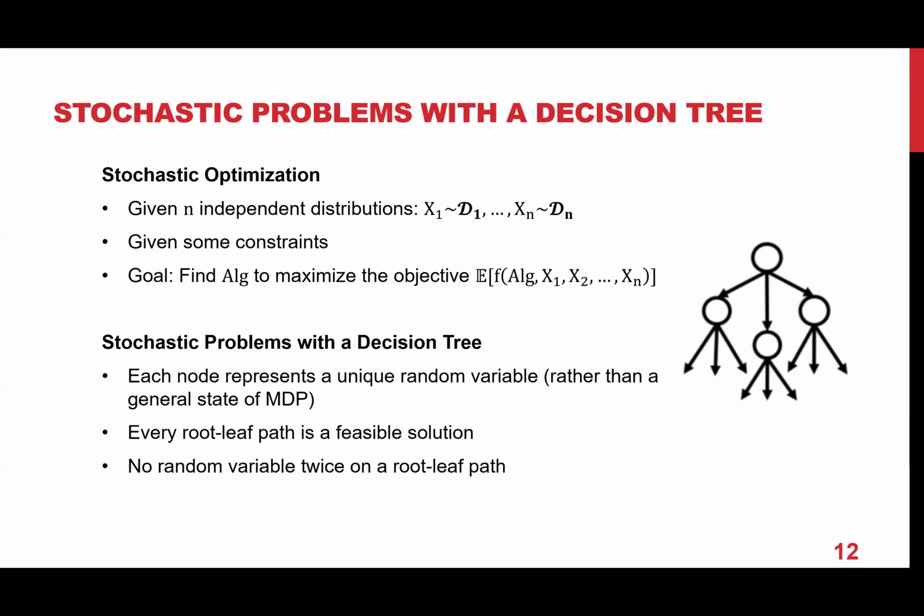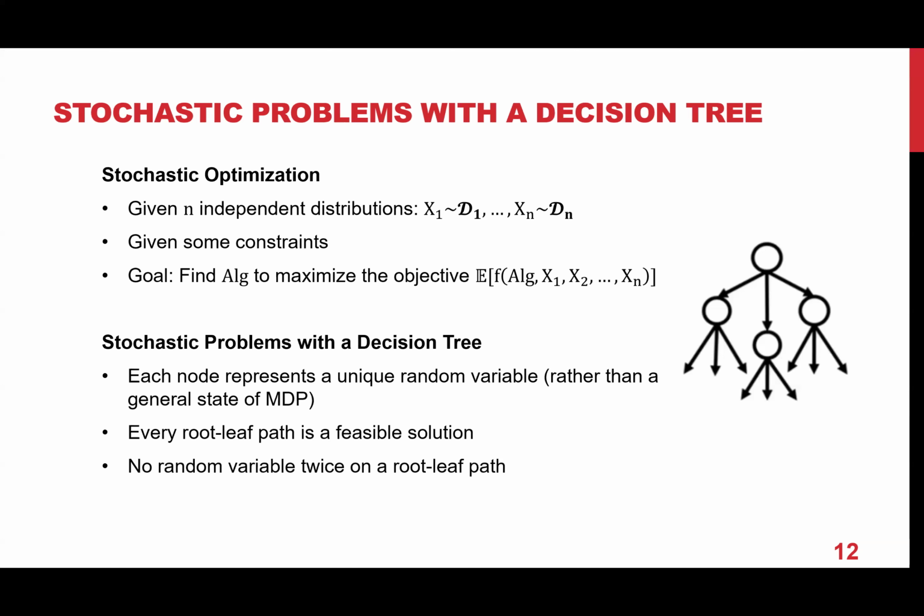Here we are going to look at a specific class of stochastic problems where each node corresponds to a single random variable. For problems like Pandora's box, optimal stopping or variants of optimal stopping, and stochastic probing, the decision tree should be thought of as follows: the root represents a random variable. Maybe I'm going to first perform something with the fifth random variable, so I'm going to see x5.